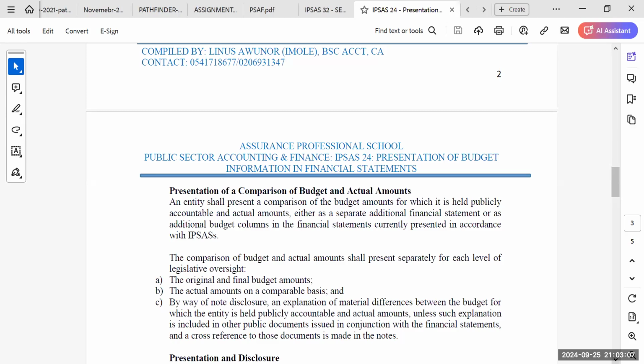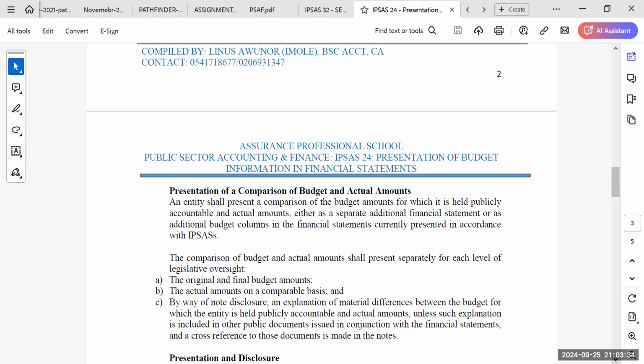So entities shall present a comparison of the budget amount for which it is held publicly accountable and the actual amount, either as a separate additional financial statement or as additional budget columns in the financial statements currently presented in accordance with IPSAS. So in the final account, the question will ask you to prepare a budgeted statement in addition to that one.